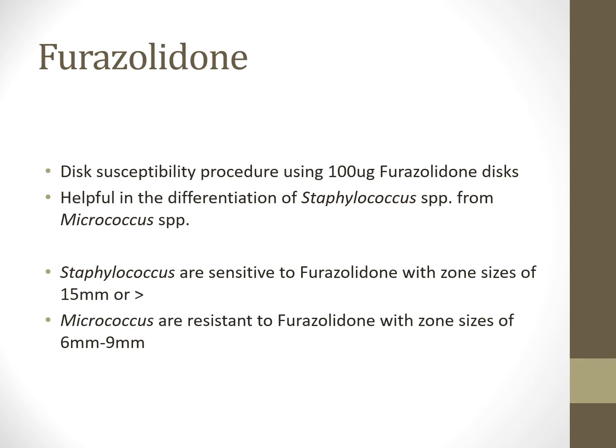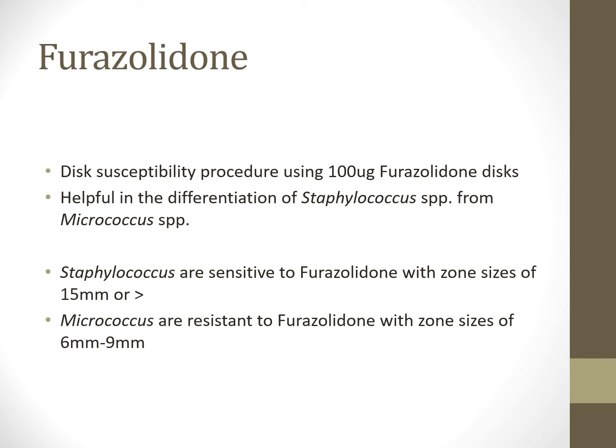We can also use some substances on a disc to determine if we have a Staphylococcus versus a micrococcus genus. Okay, so this next slide I want to talk about is the furazolidone disc. Basically we have a plate of our micrococcus and a plate of our Staphylococcus, and we can drop this disc on our plate, then incubate it.